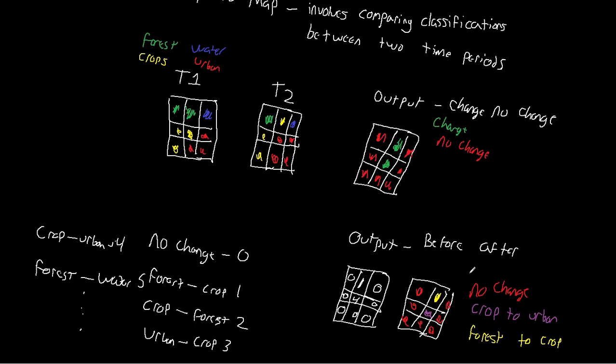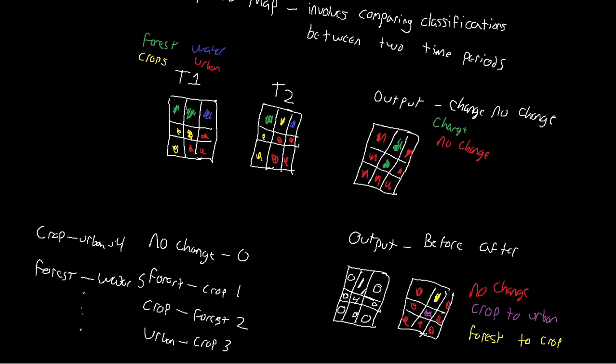Again, there's nothing special about these colors. I picked them at random. There's nothing inherently special about these numbers. I picked them at random. The important part is that each number represents a specific set of change, and forest to crop is not the same as crop to forest. So the output's going to be numbers.